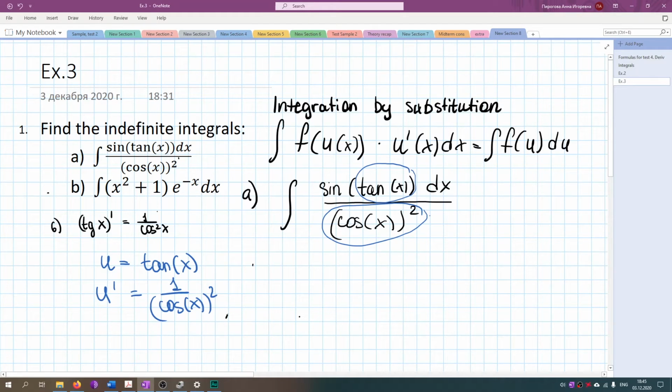And now we just need to rewrite our integral. So it will be integral sine, and instead of tangent we will use u of x, and as we have here 1 divided by cosine x squared, and it is the derivative of the u function.